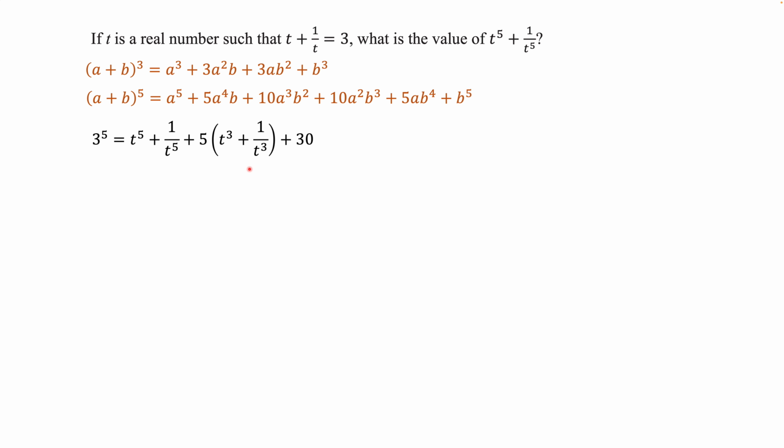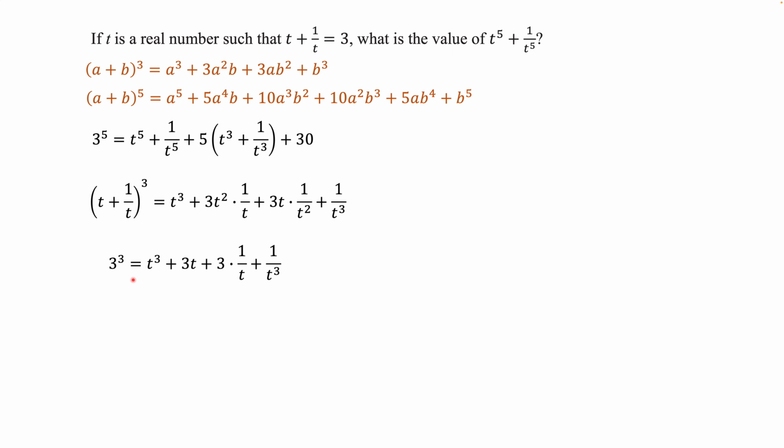And now go and search for this term. As before with t to the 5th, we said, well, let's take t plus 1 over t to the 5th power. Now to find t cubed plus 1 over t cubed, let's take t plus 1 over t to the 3rd power. This is what I'm going to get. I can simplify this, right? Remember this t plus 1 over t is 3, so 3 cubed here.